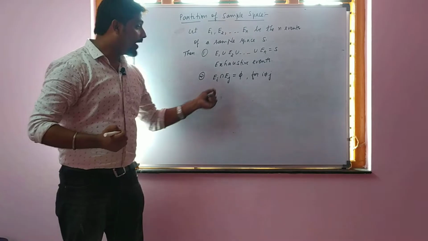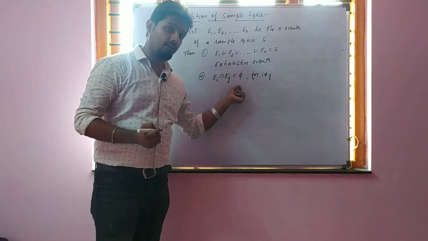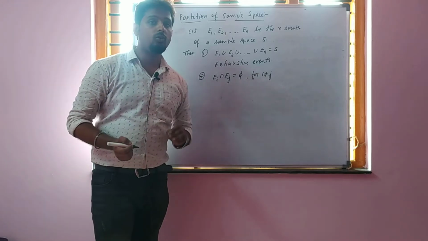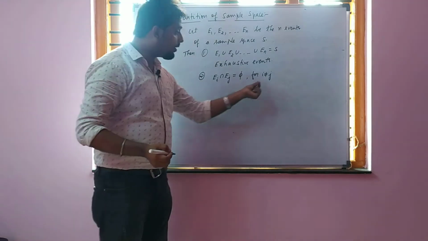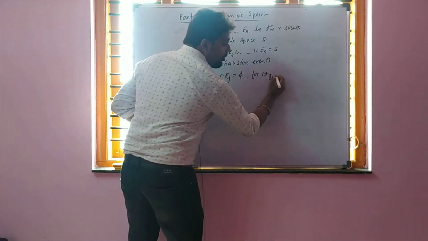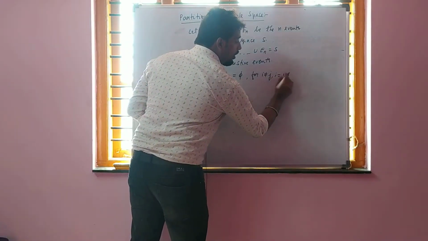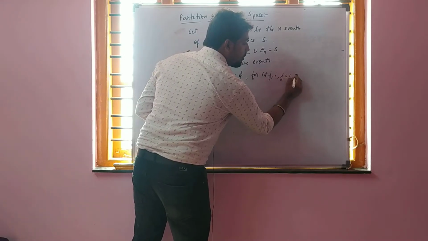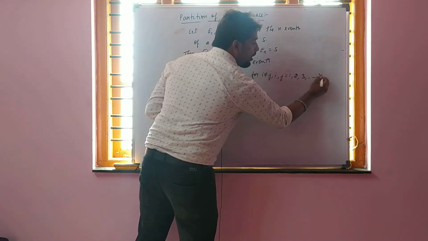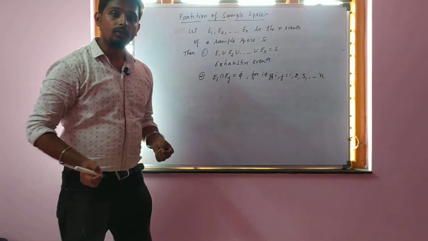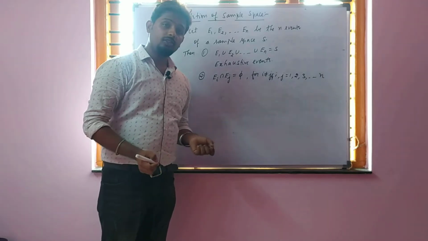It means I cannot consider E1 with E1, because i and j would be the same, 1. So I need to consider the condition i not equal to j, and the values for i and j are 1, 2, 3 and so on up to n. Okay, so this is the second condition, students.